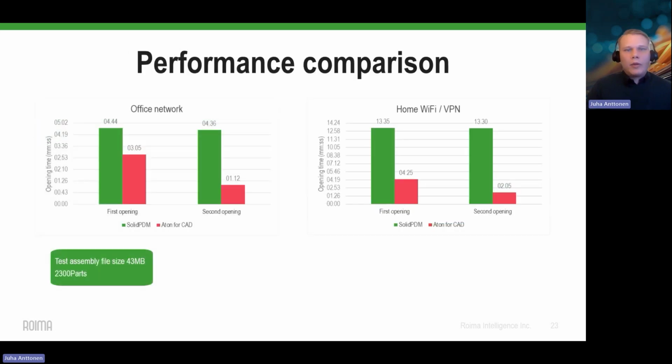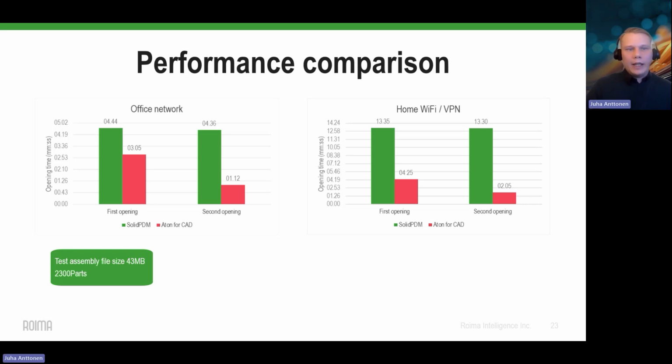And we have also made a comparison here. We have two graphs, and on the left side we have an office network where we made this test, and on the right side we have a home Wi-Fi / VPN setup where we made the same test. We opened a test file, and in green we see the opening time for SolidPDM, and in red we see the opening time in Aton for CAD for the same file.